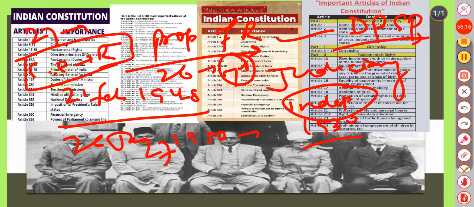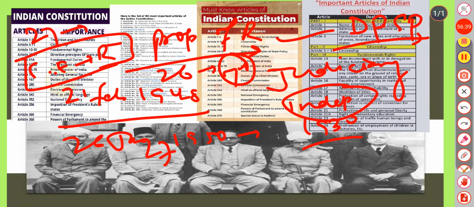Now Article 137, review of judgment, or you can say order, by the Supreme Court. Now Article 141, that is law declared by Supreme Court to be binding on all courts. Now Article 143, that is power of president to consult Supreme Court.